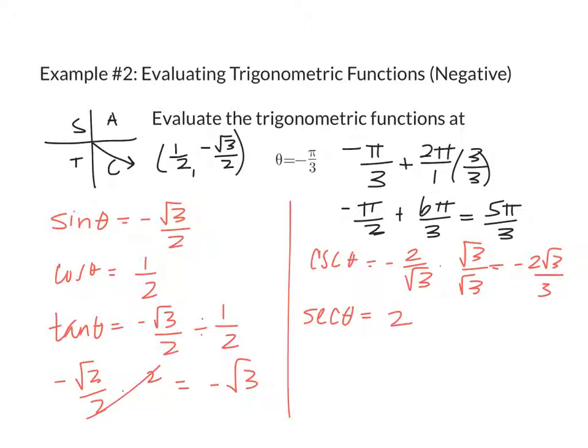And the reciprocal of tangent theta would be cotangent theta. Really, that was negative square root of 3 over 1. So this is 1 over negative square root of 3. But I have to multiply by square root of 3 over square root of 3 to rationalize it. So it gives me negative square root of 3 over 3. And we are done.